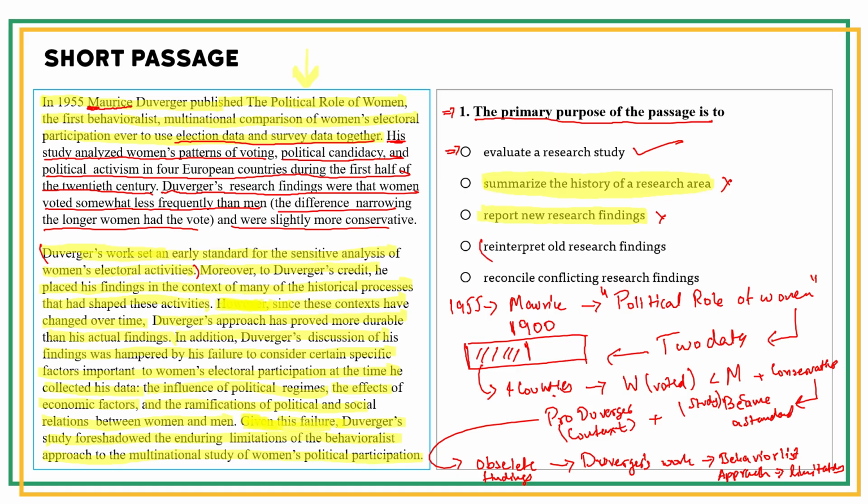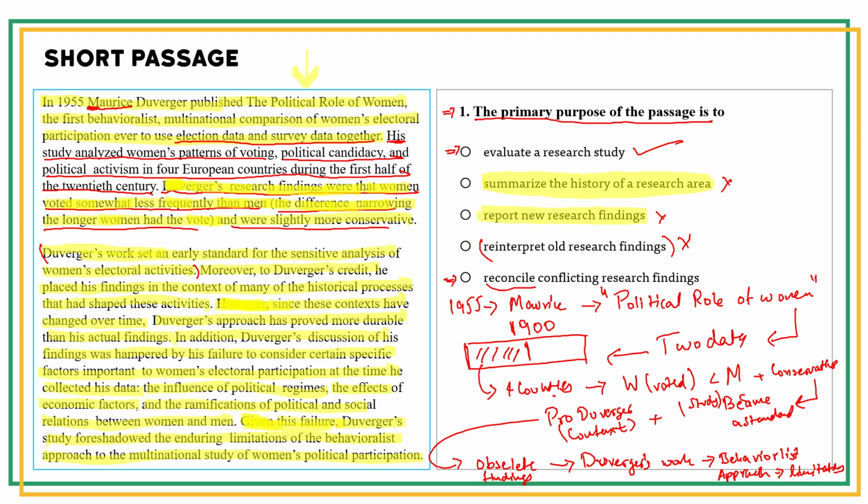Is there any reinterpretation of old research findings? There is a mention of old research findings. You can say that Duverger's research findings are old, and there's a mention of that, but there's no interpretation, let alone a reinterpretation of what those findings meant. So option D is clearly not the correct option.